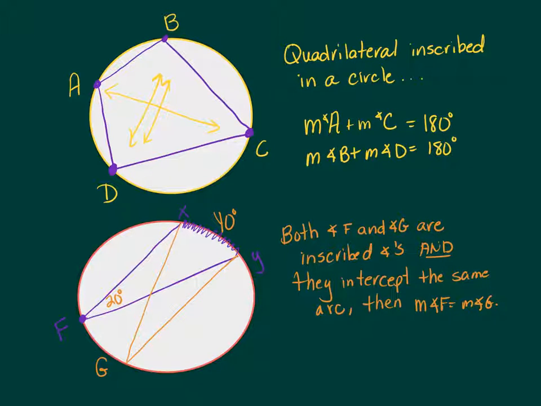Since G intercepts arc XY, and it's still 40 degrees, G is half of 40, so it must be 20 degrees. So when the same arc is intercepted by two separate angles in the same circle, then those two angles must be the same measure.